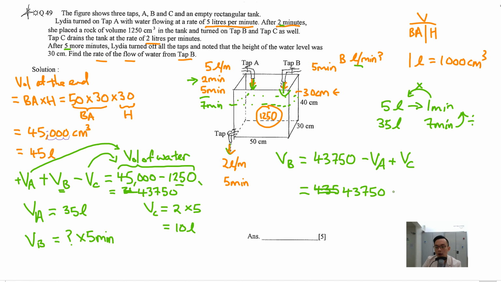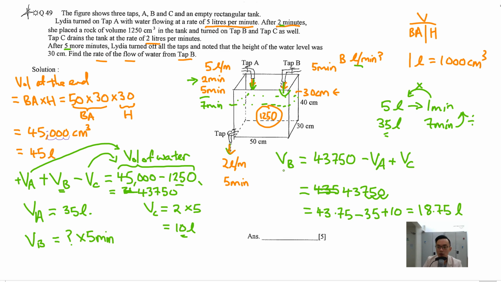43750. I convert this to liters because my other information is all in liters. So I convert 1 to 3 equals 43.75 liters minus away volume of A, which is 35 liters, plus volume of C, which is 10, equals 18.75 liters.